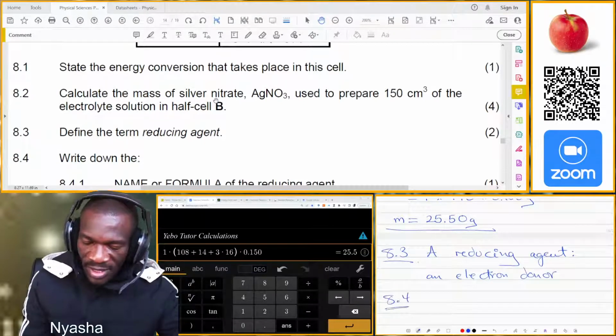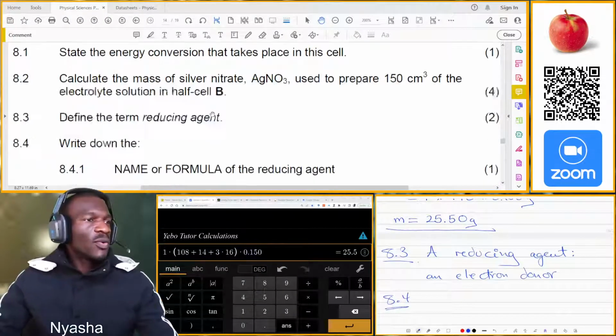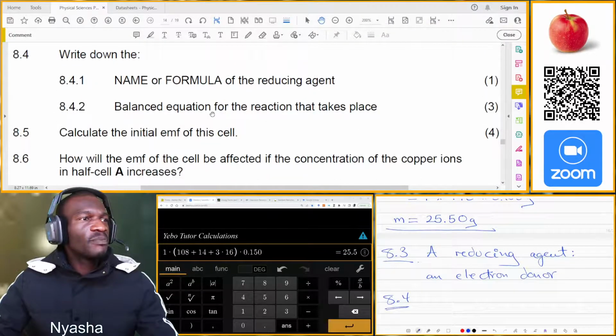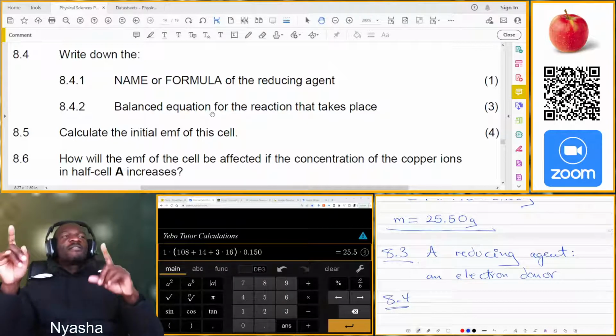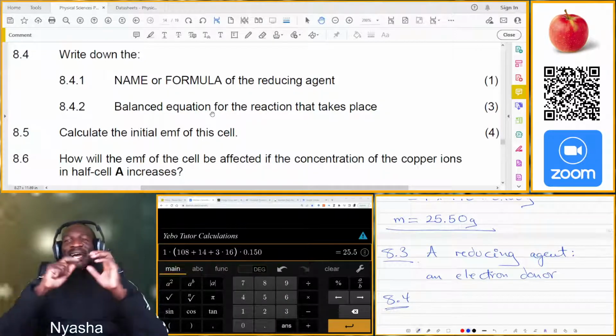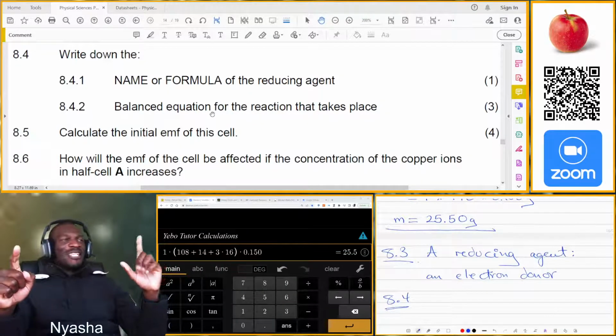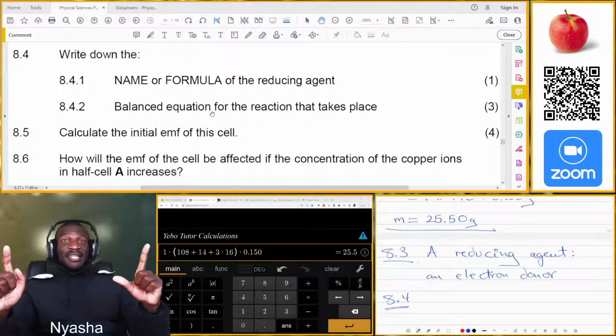Question 8.4. The question is, write down the name or the formula of the reducing agent. Wow. I think I would like to give you this one to work out. Why?